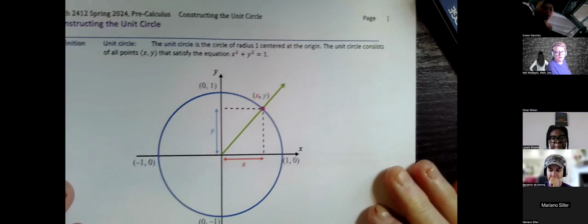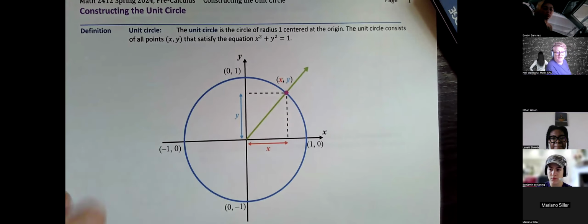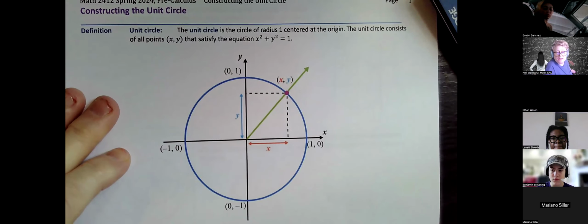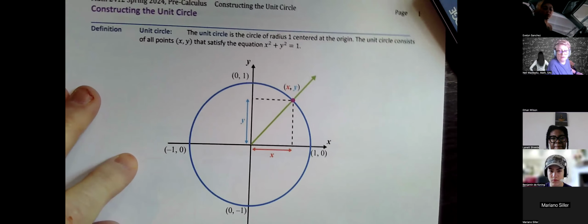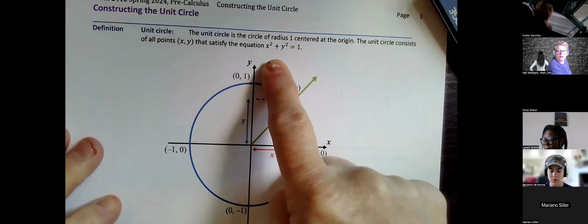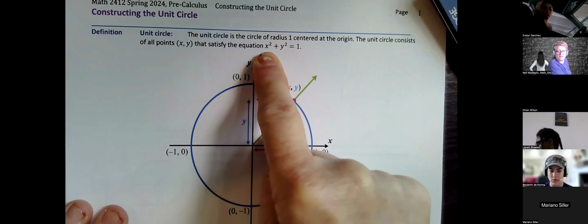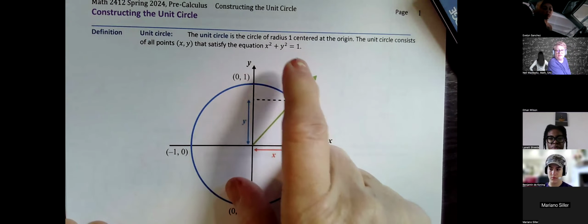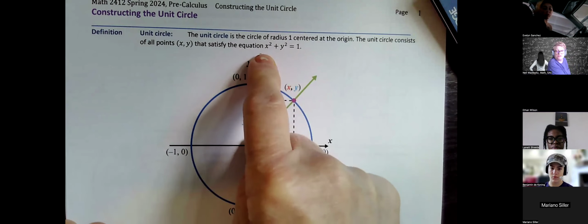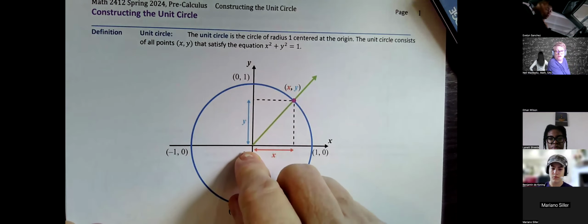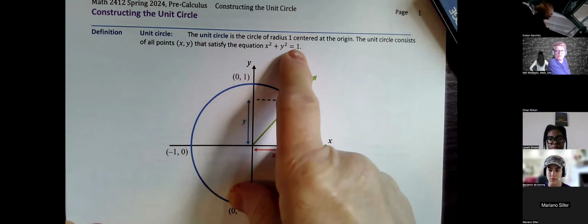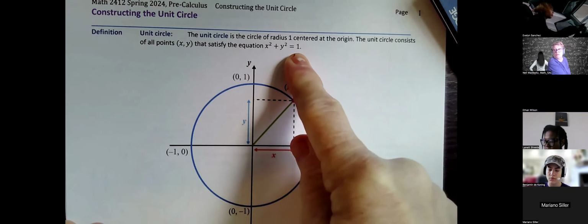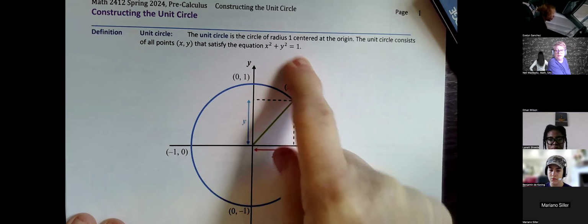Okay, so last time we looked at the unit circle, which is a circle where the equation is x squared plus y squared equals 1. That means the center is at 0, 0, and the radius is the square root of 1, which is just 1.